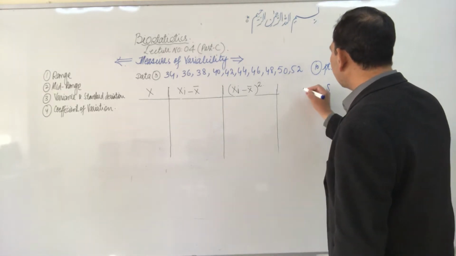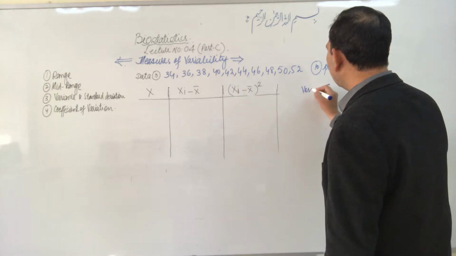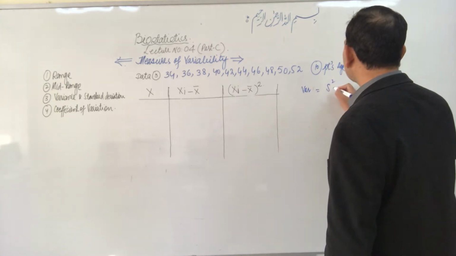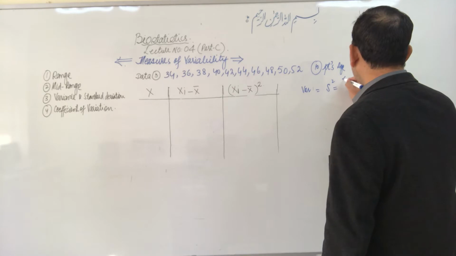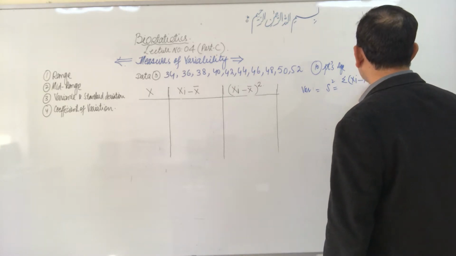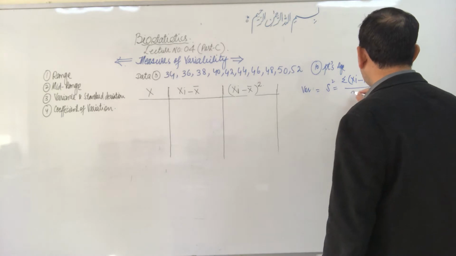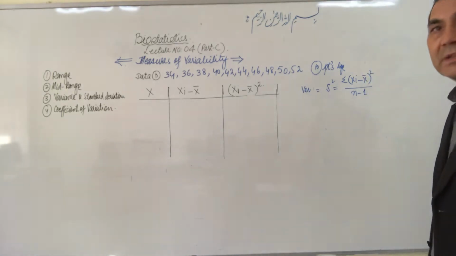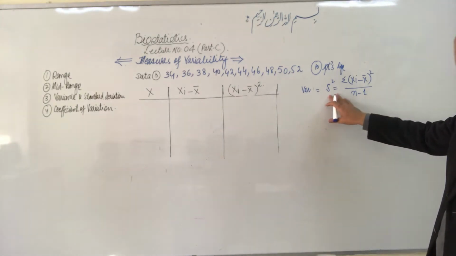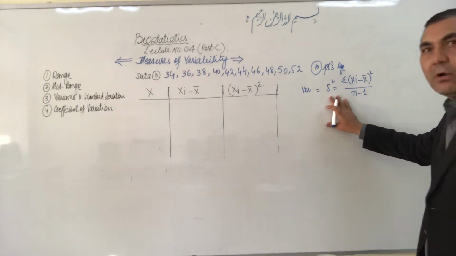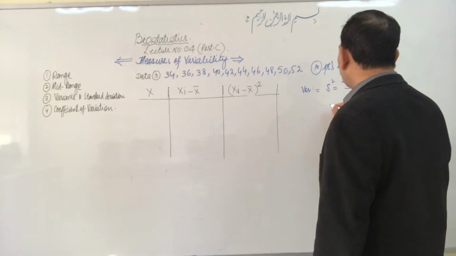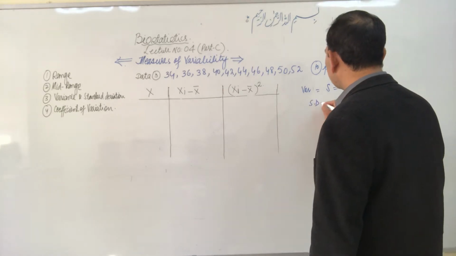For the variance, we have the formula s square equals the sum of (xi minus x bar) whole square divided by n minus 1. This is the formula for measurement of the variance of the sample. Now the standard deviation, the short form is SD.